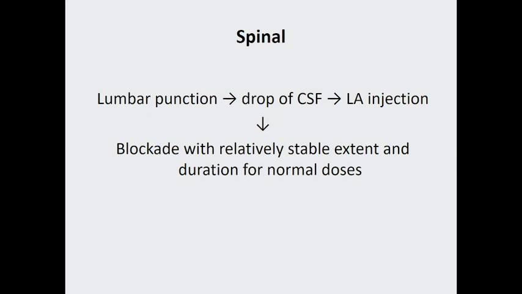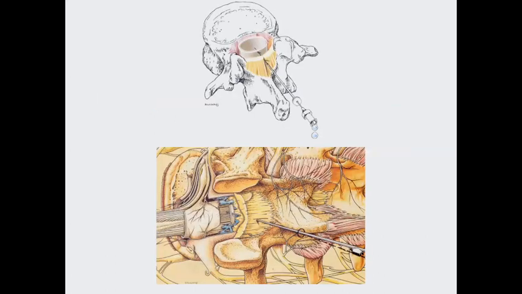Usually we use spinal heavy bupivacaine. It lasts sometimes 4 hours. This is what you have to see when you insert the needle: 1-2 drops, one is enough in fact, of cerebrospinal fluid.